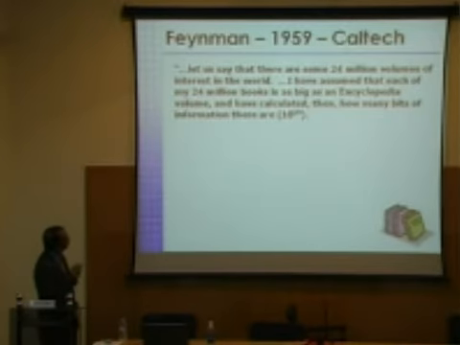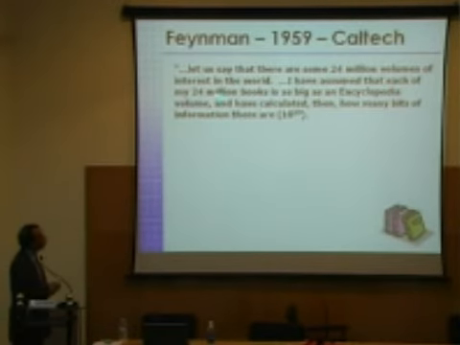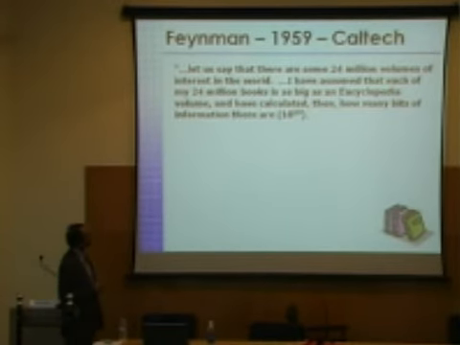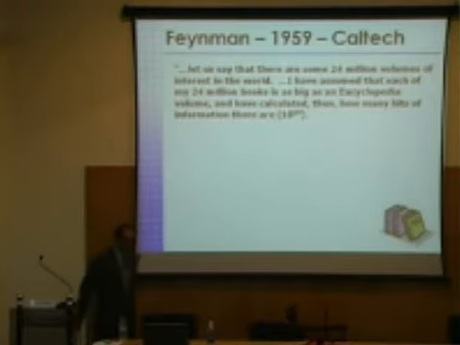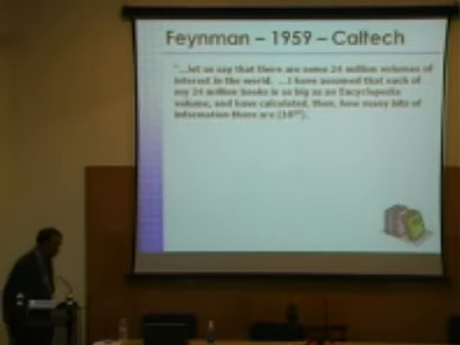Let us say that there are about 24 million volumes of interest in the world, and I have assumed that each of my 24 million books is as big as an encyclopedia, and I've calculated how many bits of information there are, approximately 1,000 terabytes, about 10 to the 15 terabytes of information.